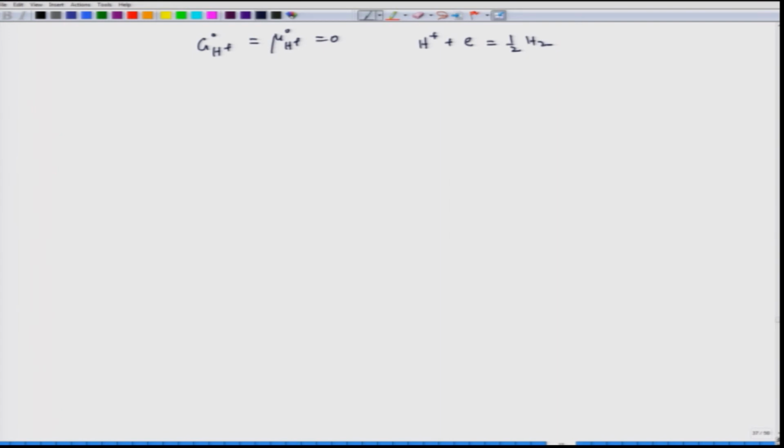Now, in this case, let us say the hydrogen gas evolving from this reaction is maintained at 1 atmosphere. You can write E for H+ to half H2, in dilute solution, considering the concentration of H+ ion and the pressure of H2.